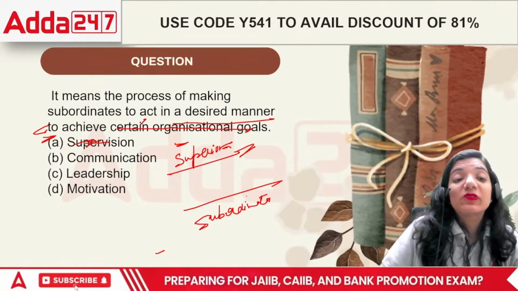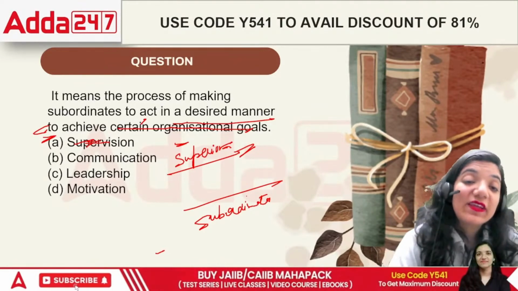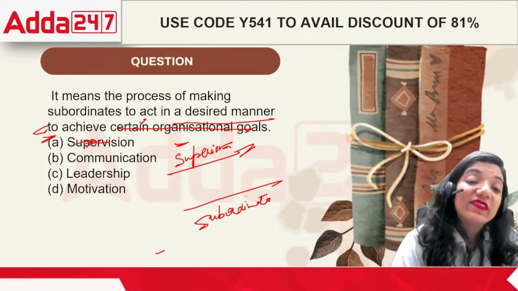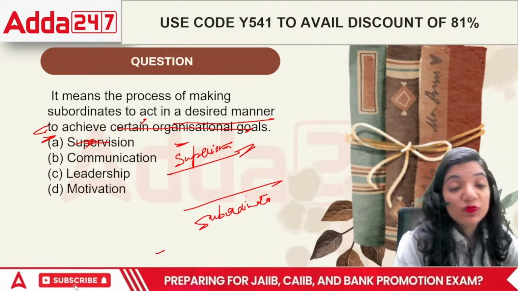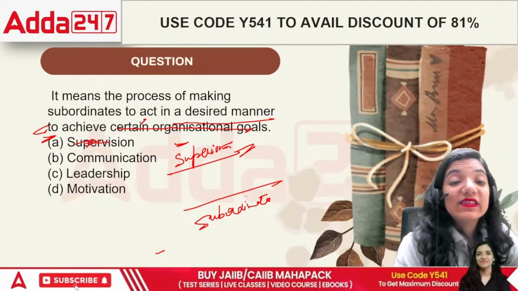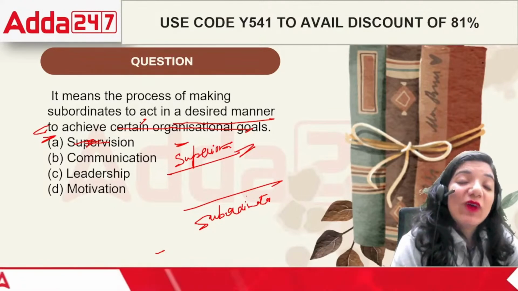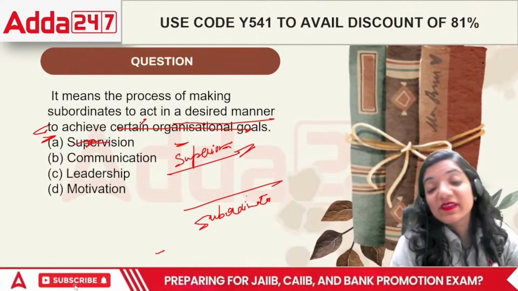Right? So it means the process of making the subordinates to act in a desired manner. So if I tell them this is how they need to do, this is supervision, this is communication, then is it leadership or motivation? It's a process of making subordinate. You are making them act in a certain manner.